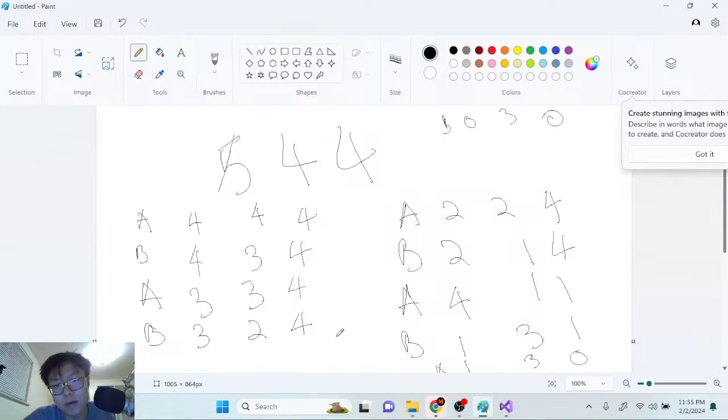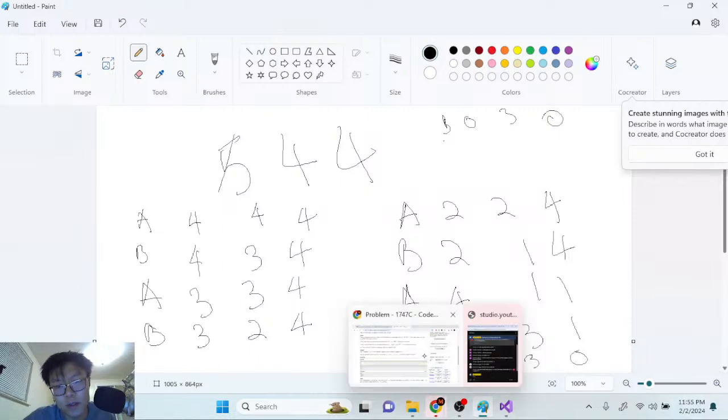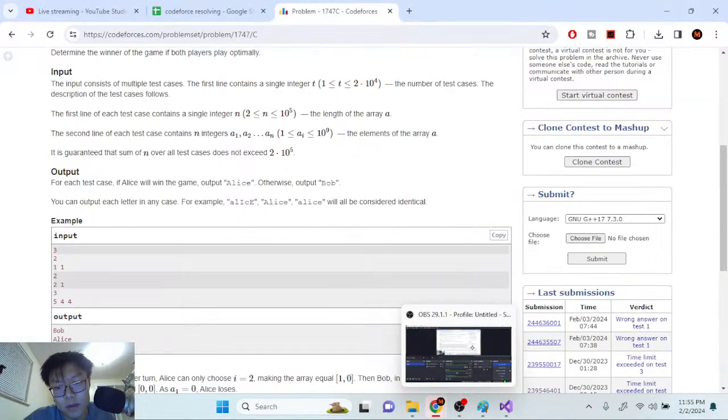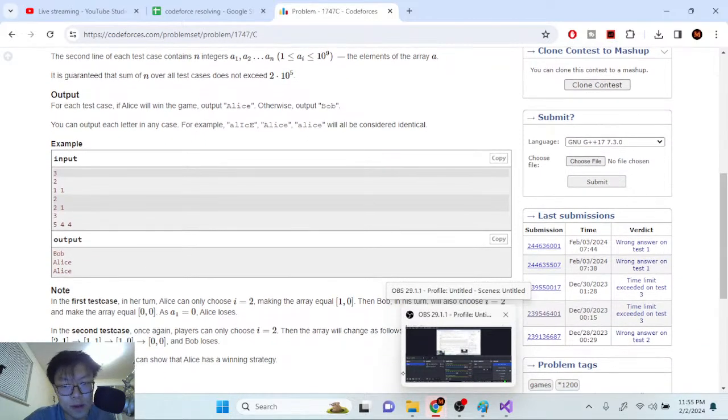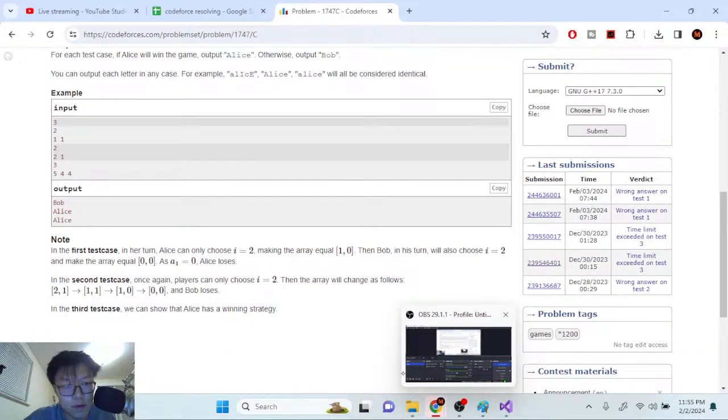No, wait. Whose turn is it, Alice's or Bob's? If it reaches 0 on someone's turn, they lose. Oh wait, Alice can only choose i equal to 2, which gives 1, 0.